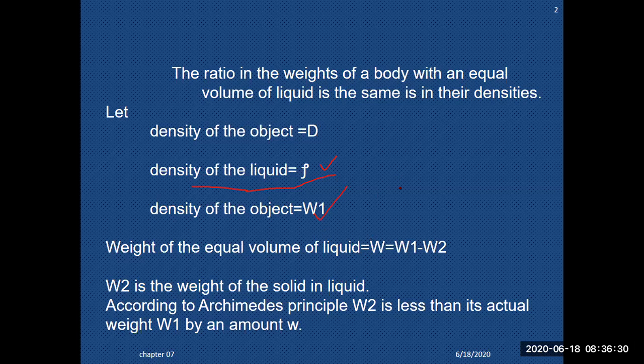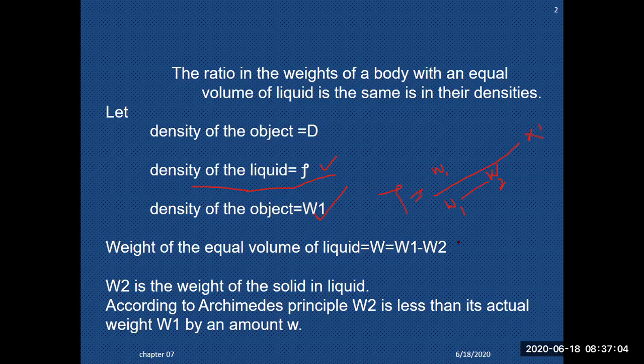The formula is D equals W1, the weight of the object in air, divided by the loss of weight in water, W1 minus W2, multiplied by the density of the water, which is almost 1.